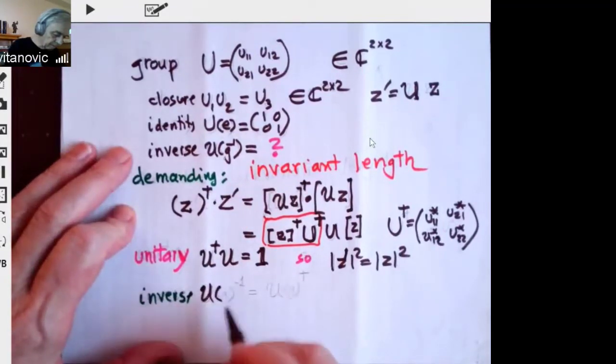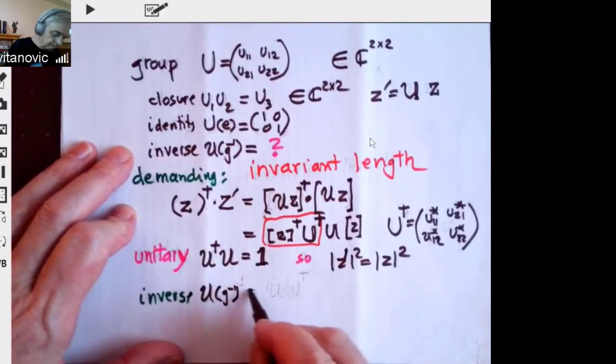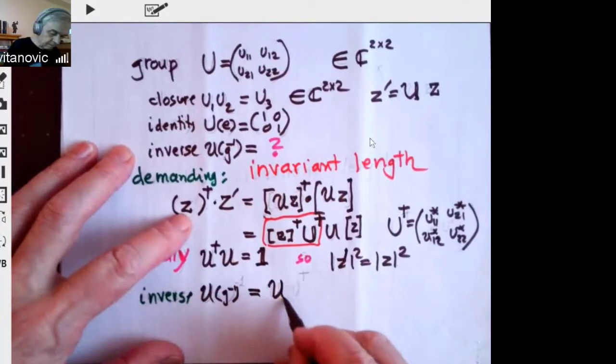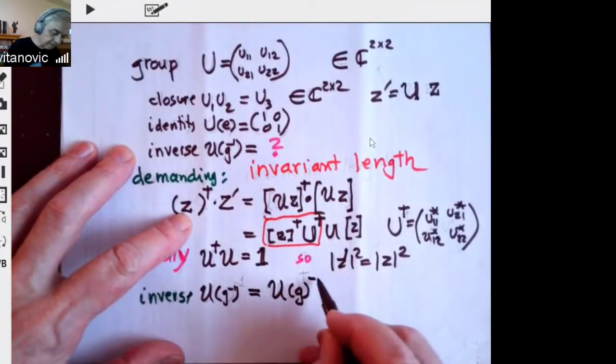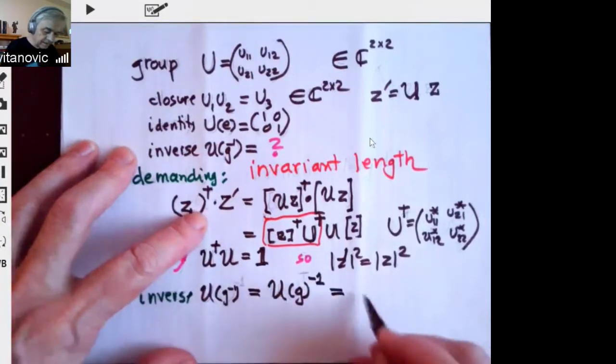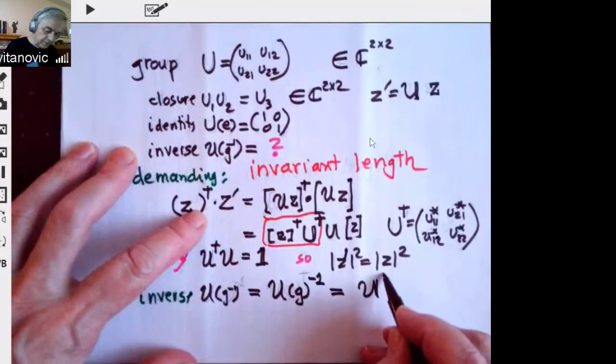So, inverse operation minus 1, which in matrix algebra is the inverse of the matrix, in a matrix representation. Well, that's just the original matrix transposed and complex conjugated.